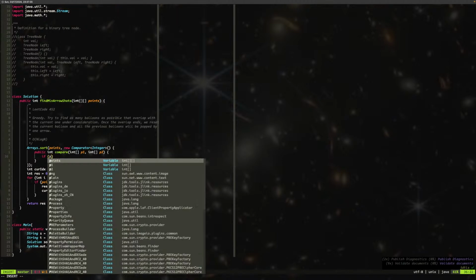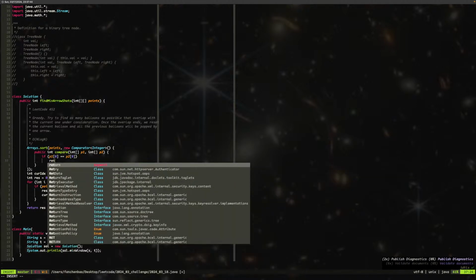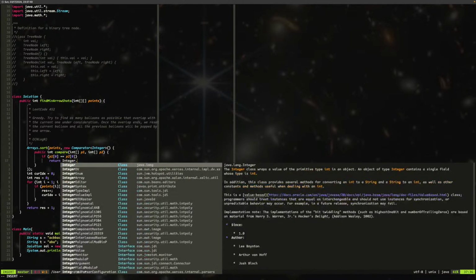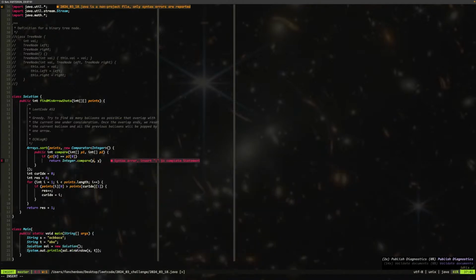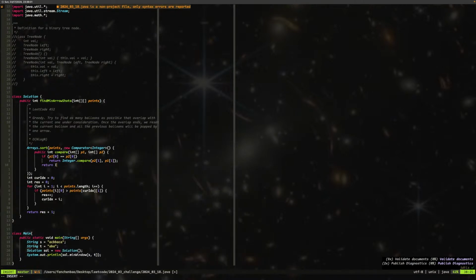And then we say if p1[0] is equal to p2[0], we return Integer.compare p2[1], because I want to reverse, right? p1[1]. Otherwise we return Integer.compare p1[0] and p2[0].